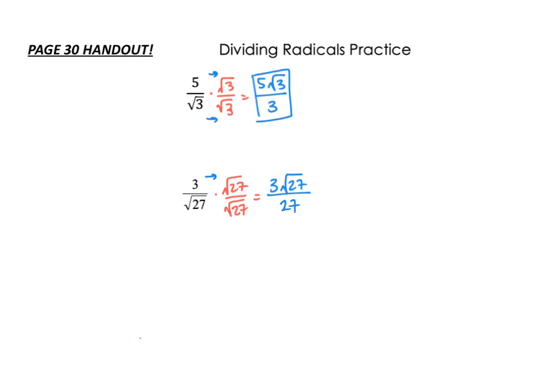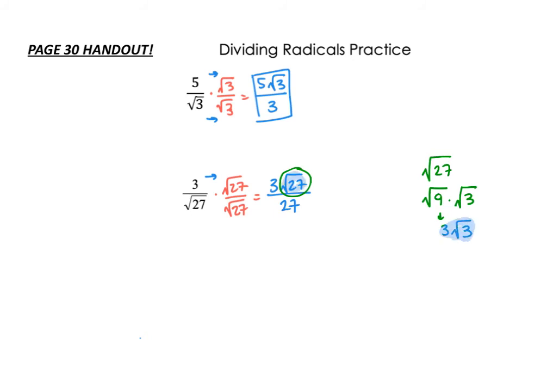Okay, next thing we need to do is try and simplify this square root. So a perfect square that goes into 27 is 9. And that's going to be square root of 9 times square root of 3. And the square root of 9 is 3. So square root of 27 simplified is just going to be 3 times the square root of 3.